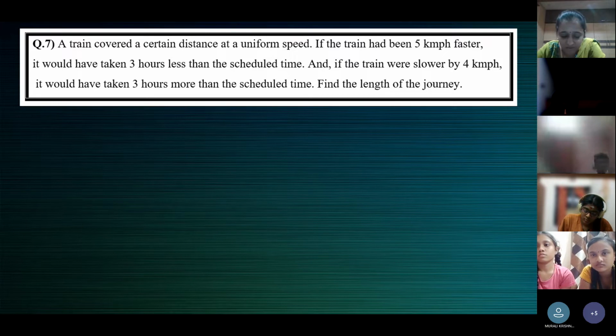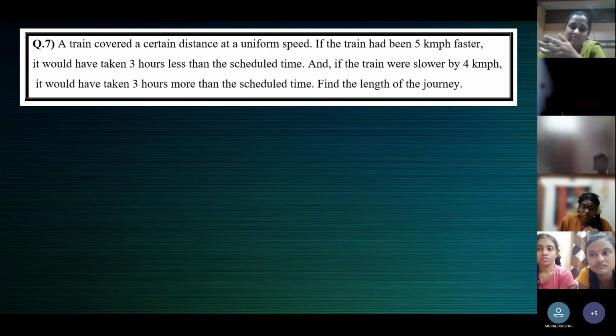So in this question, like the question where we had rows, columns, number of students, there the number of students are fixed. Similarly, here the length of the journey is fixed. Say the distance between your home and school is fixed.